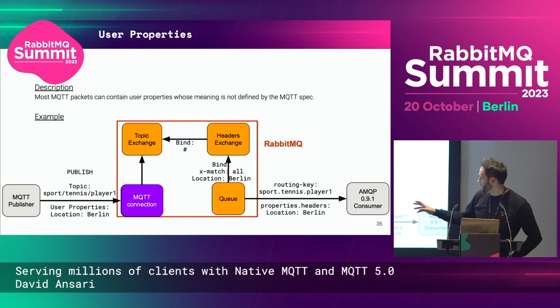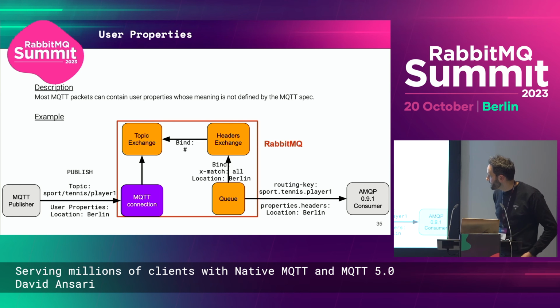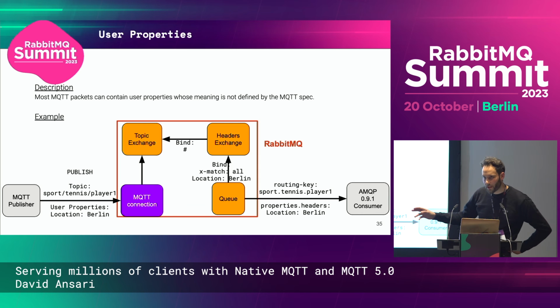So let's say you send a message to the topic sport/tennis/player1, and you set user properties, which are just key value pairs. One example would be location, Berlin. And you bind a headers exchange to a topic exchange; in RabbitMQ you can bind exchanges to exchanges as well. In this case, we bind with a hash sign, so we match all the topics. And then we bind a queue to the headers exchange with x-match all, location Berlin.